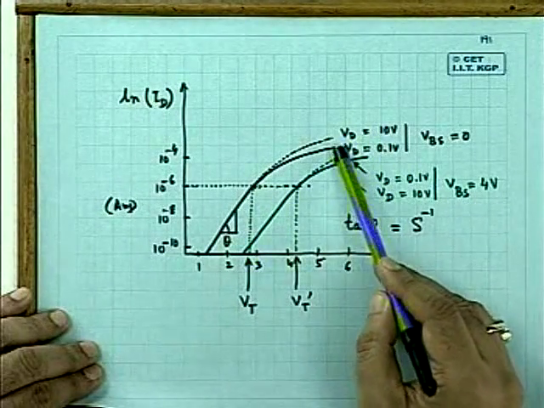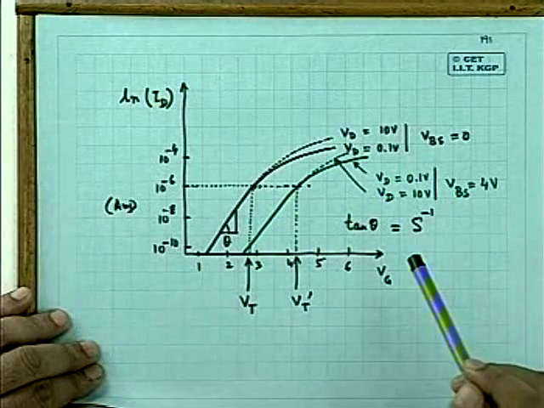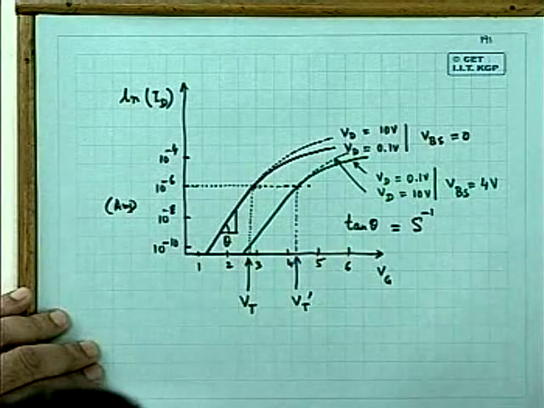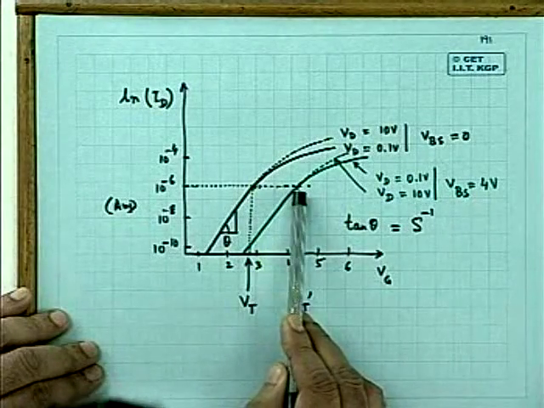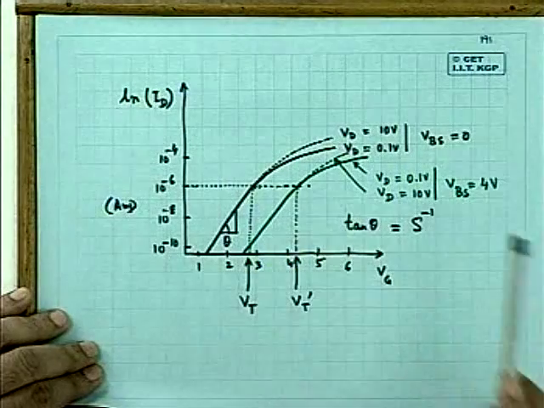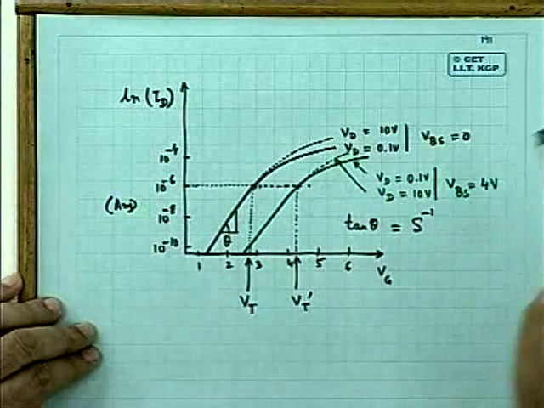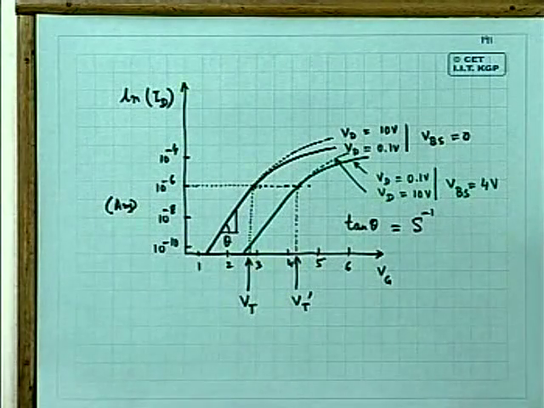However, the dependence on VD is very small, as indicated here. As you go to the second, green curve, it is for a certain substrate bias, VBS. You remember, I discussed some definitions of the threshold voltage.